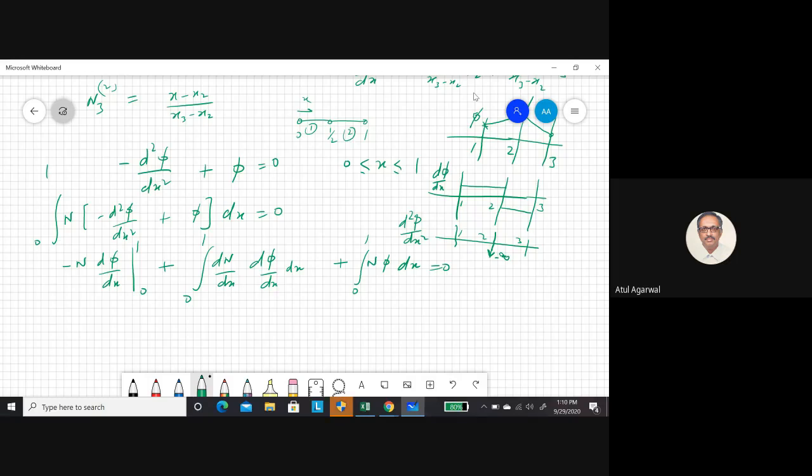Here it is half to 1. So this term comes as such. Now you see, we have to do it separately, 0 to half plus half to 1. Same here.